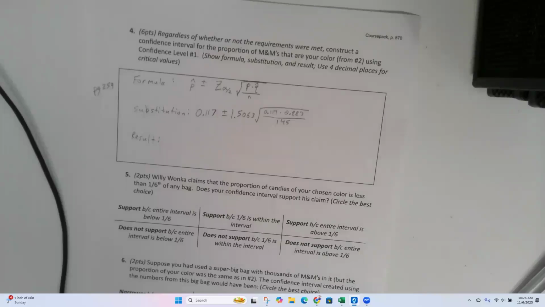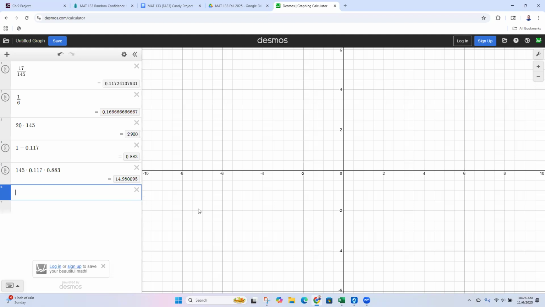Anyway, for my case, I'm going to do decimals first. So I'm going to do 0.117 minus 1.5063 times the square root of 0.117 times 0.83 divided by 145.